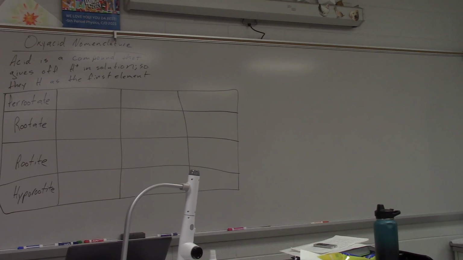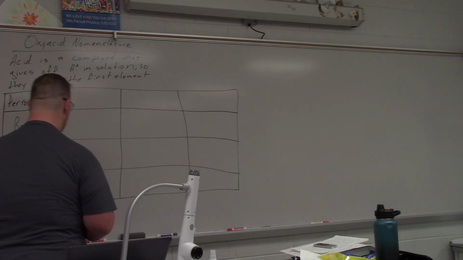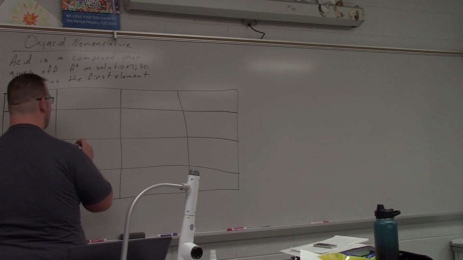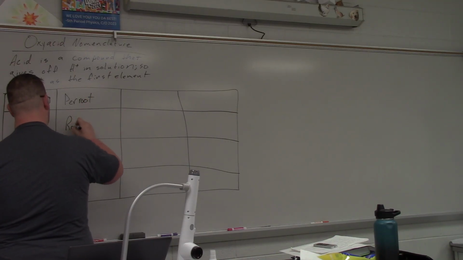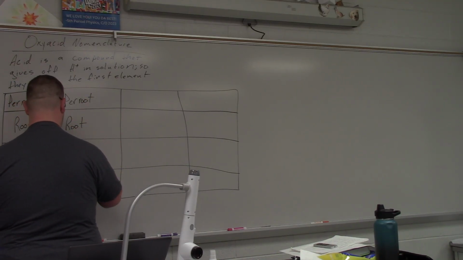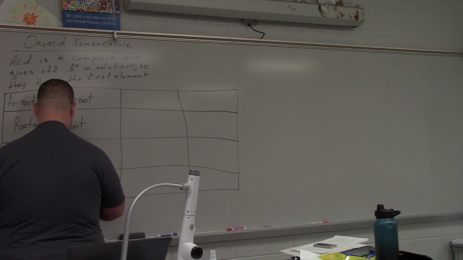But here's the change. When you come to the next column, everything stays the same but the ending. So we'll still have per-root, root, and hypo-root.